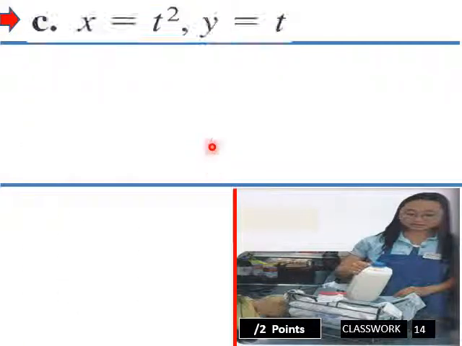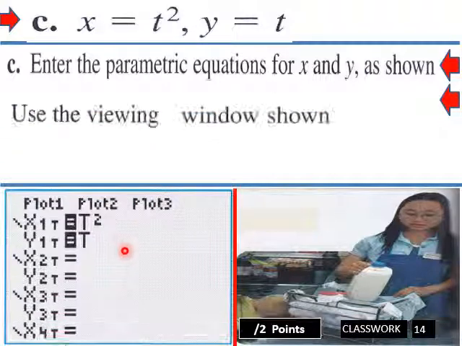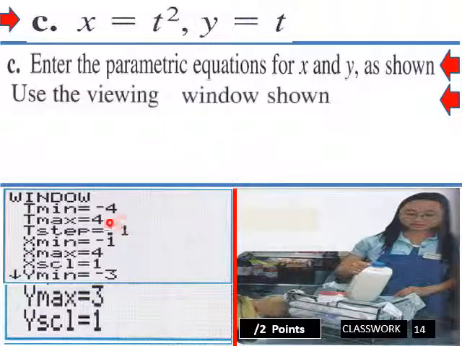Let's try another one. X equals t squared, y equals t. So enter the parametric equations like this, t squared and then t. And use the viewing window. Again, we've got different viewing parameters here. Y max 3, y scaling is 1, y min, and then x scaling, x max, and then x min.